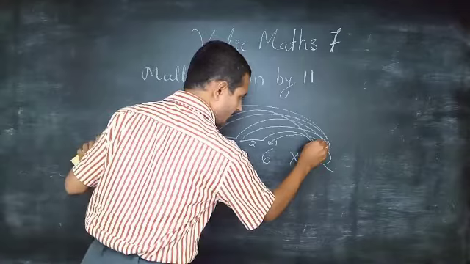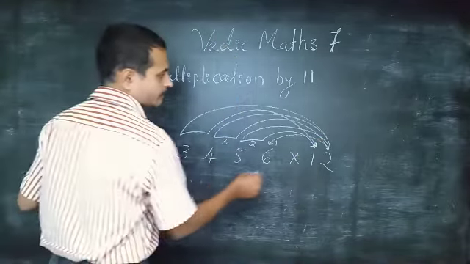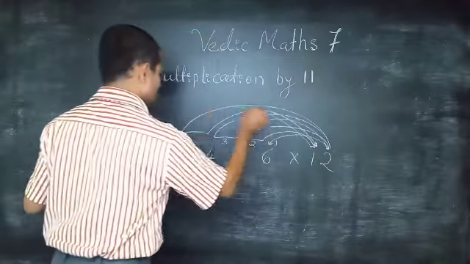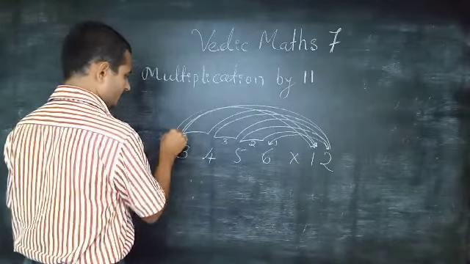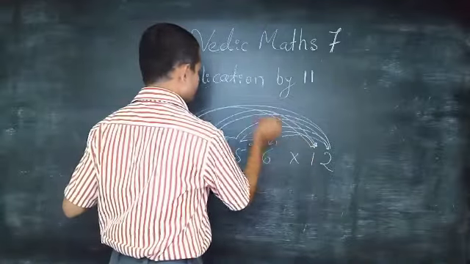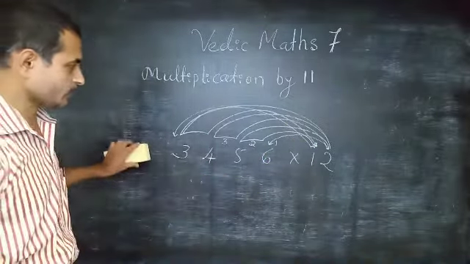After the last digit is completed, at the end I left this, I took this last digit. This is what is called chain multiplication, for 12 also.